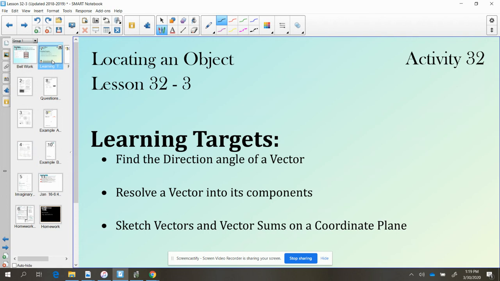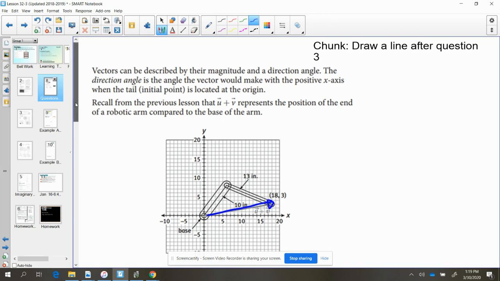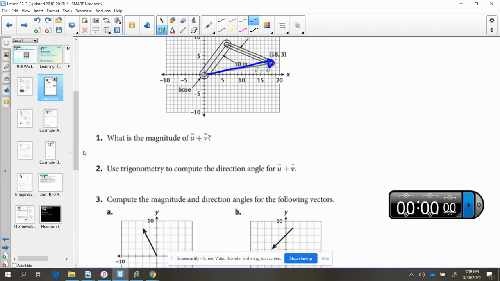So as we move on to today's stuff, we're going to talk a lot about finding the directional angle of a vector, resolving it into its components, and still sketching that stuff on the coordinate plane. If we go back to this robotic arm example that we've talked about before, and talk about the overall magnitude of u plus v, this vector here that was sketched in before, we know that in order to find the magnitude, we need to use a squared plus b squared.